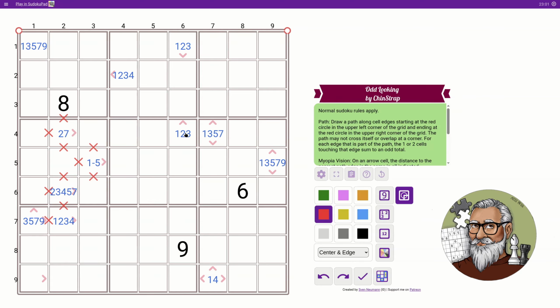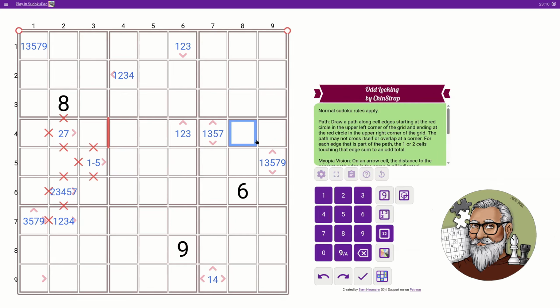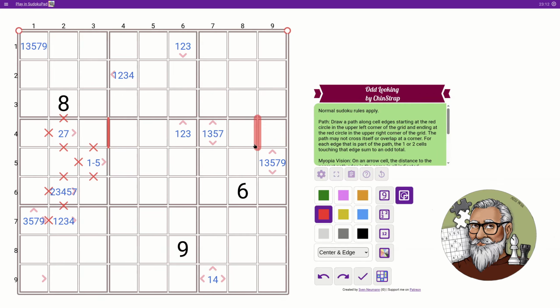Can I eliminate 3 from here now? Because 2 is the... I can't eliminate... Well, it's either 2 or 7. Right? So the path passes from one of these now. 2 or 7. Both of them would not support 3 in this one, because 3 would mean that the path would go this side, and that's 2 on either side, so that's not allowed.